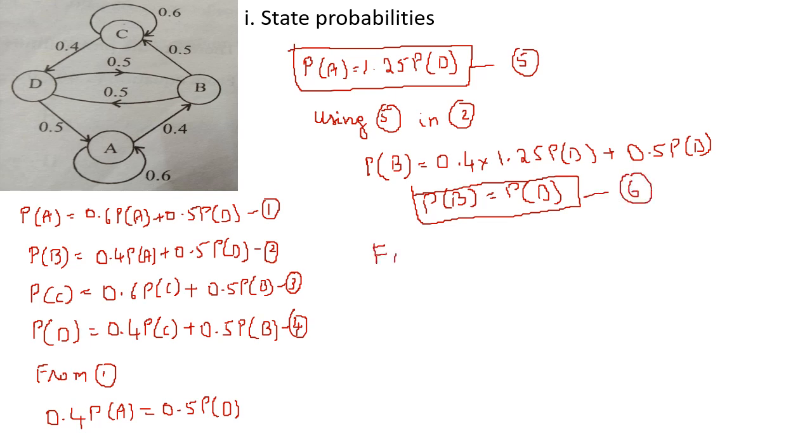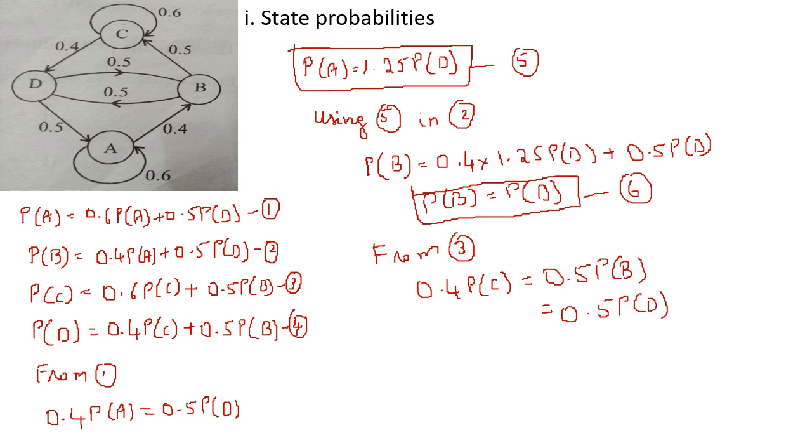Now from equation 3, we can write 0.4 times P of C will be equal to 0.5 times P of B, and we know that P of B is nothing but P of D, so we can write this as 0.5 times P of D. Okay, so let this be equation 7.